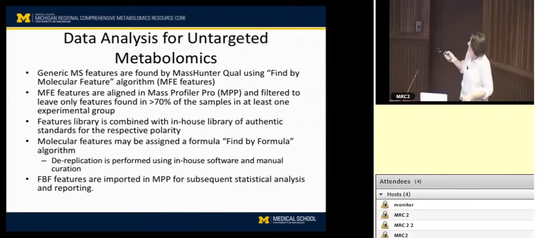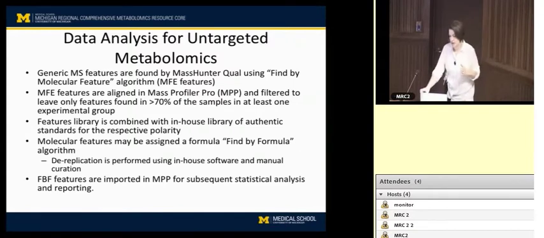Once you do that, there's a step which is essentially saying, okay, I found all the features in sample A, all the features in sample B, and now I need to go back and align those and do what's called a recursive analysis. So alignment is probably more related to your chromatography.